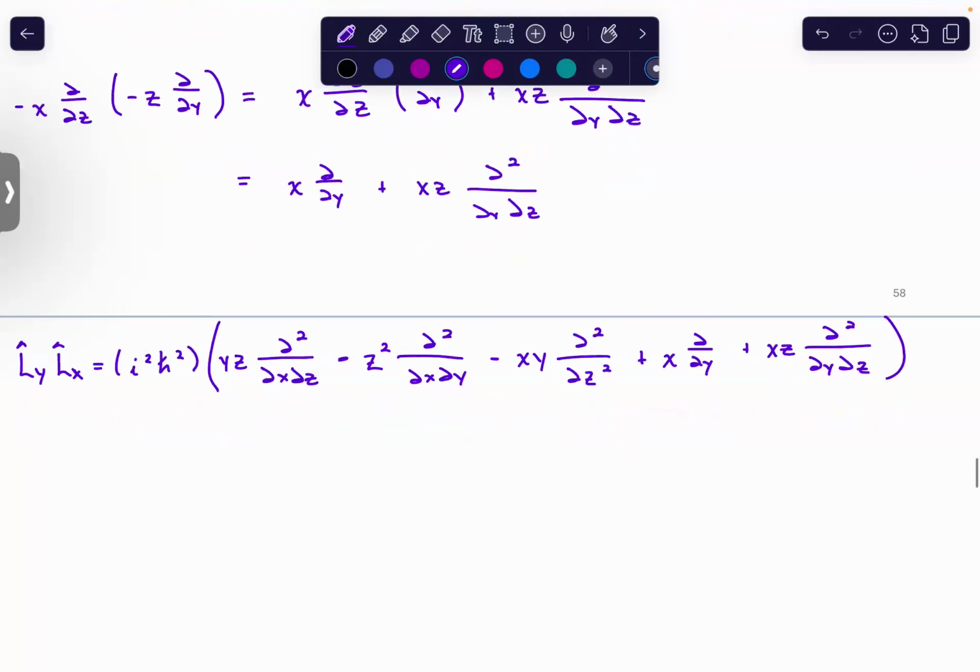All right, so now we need to put everything together because you remember our commutator was Lx Ly minus Ly Lx. And what that's going to look like is they're both going to have an i squared h bar squared, so I can pull that out front.